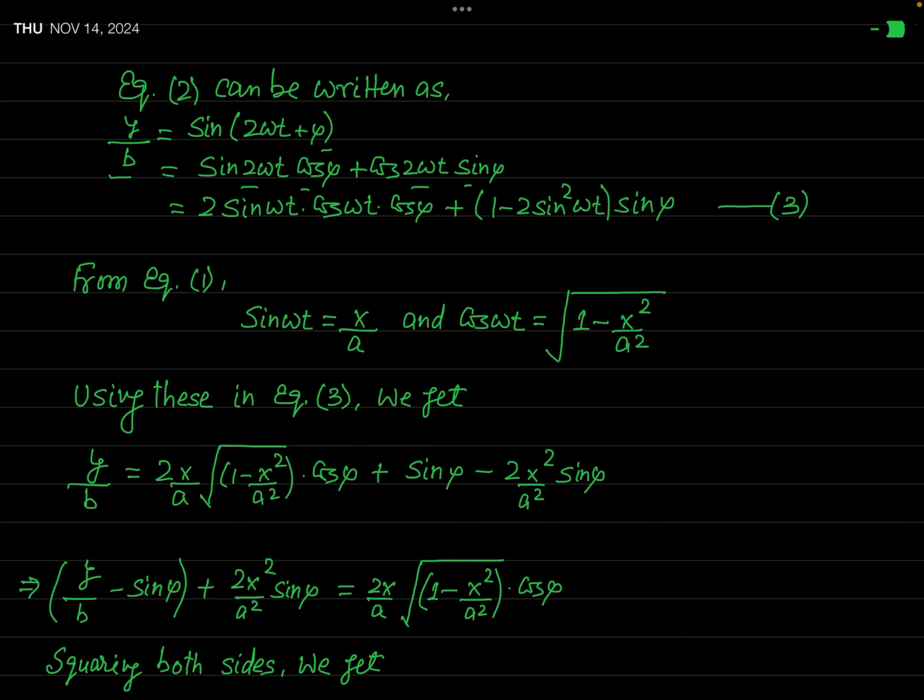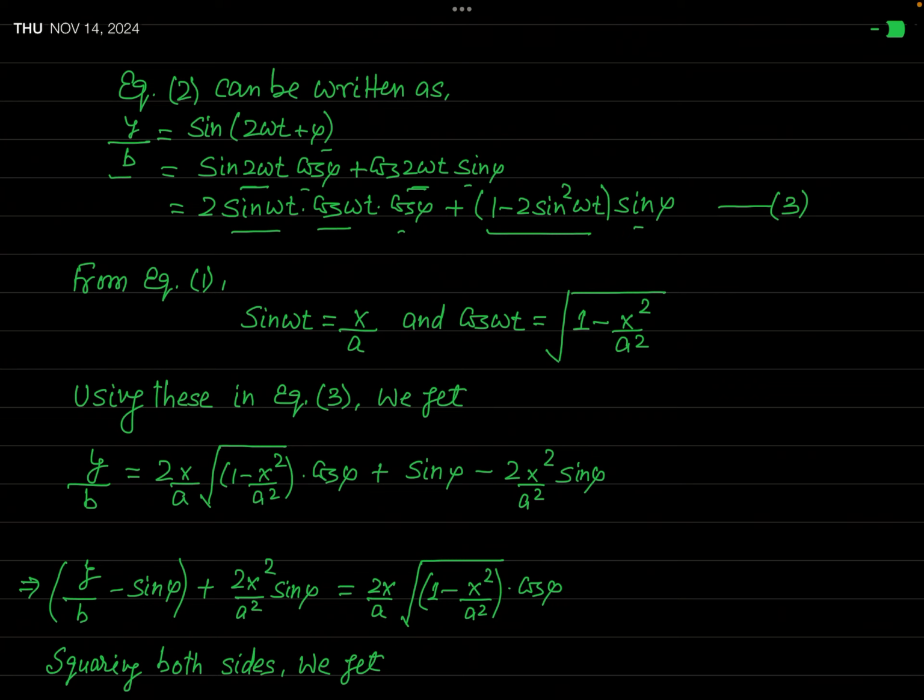So sin(2 omega t) is equal to 2 sin(omega t) cos(omega t), and cos(phi) is attached. Now, again, you know, cos(2 omega t) is equal to 1 minus 2 sin squared(omega t). So for cos(2 omega t), I have written here 1 minus 2 sin squared(omega t), and sin(phi) is attached.